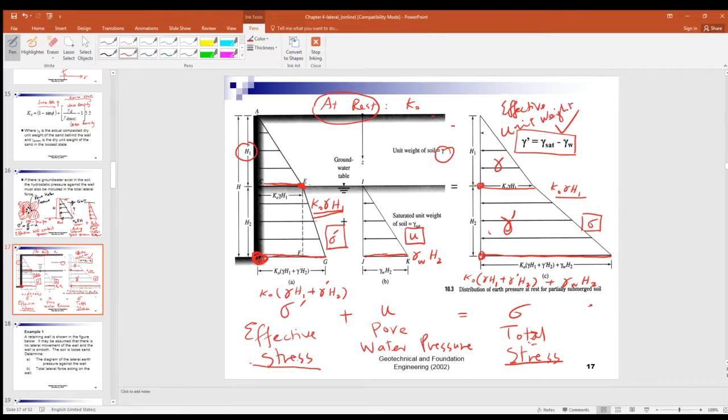So you have to minus the unit weight of water. So coming back to this diagram, above is gamma H1. So you got the gamma H1 here.